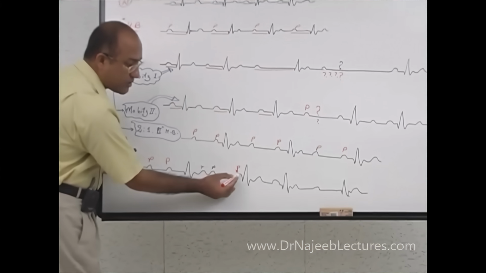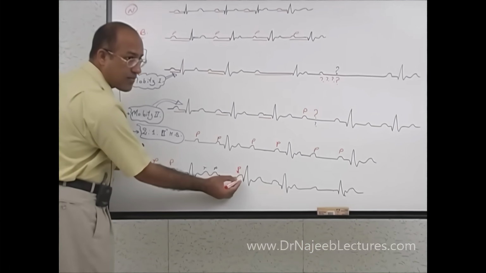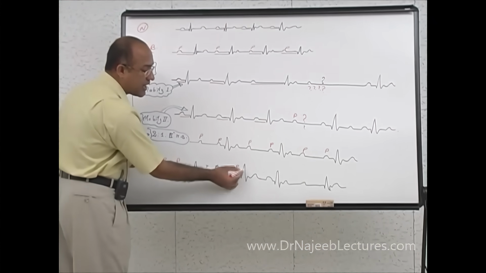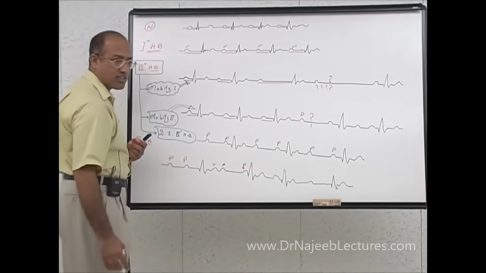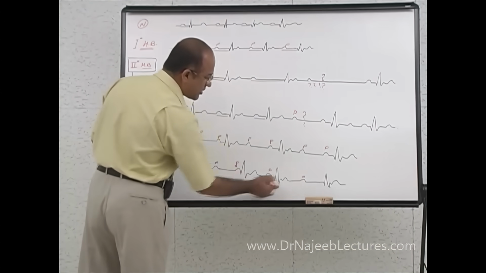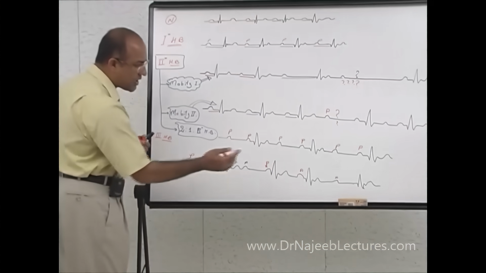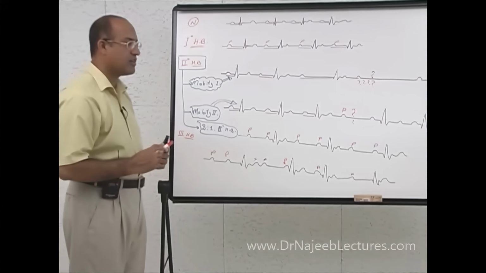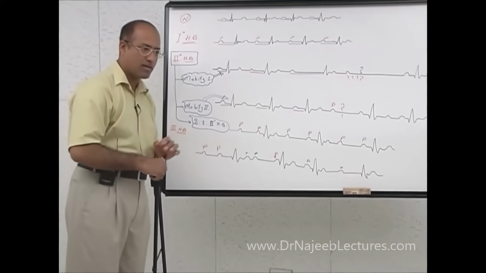So first we feel depolarization finished in the atrium, and there was no current from atrium going to the ventricle. Ventricle had its own QRS complex, right? Again, here is one P wave relationship, here is a variable relationship. So the P wave and QRS relationship is not stable here, and this condition is called third degree heart block.